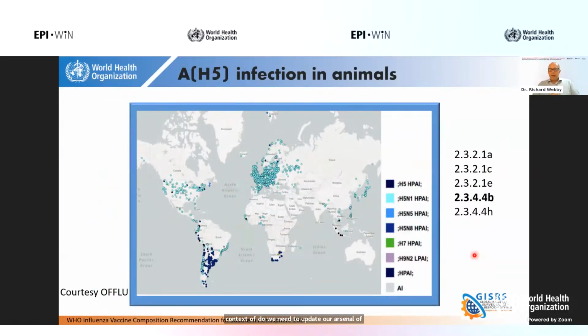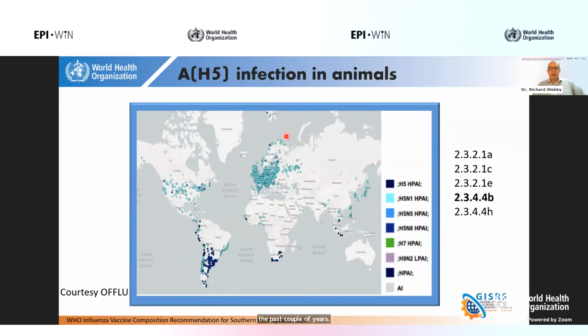So the big one that we spent most of our time discussing was the H5 viruses. And for reasons I think most of us are aware, these viruses have spread on a near global scale in the past couple of years. So this is a map from OFFLU.